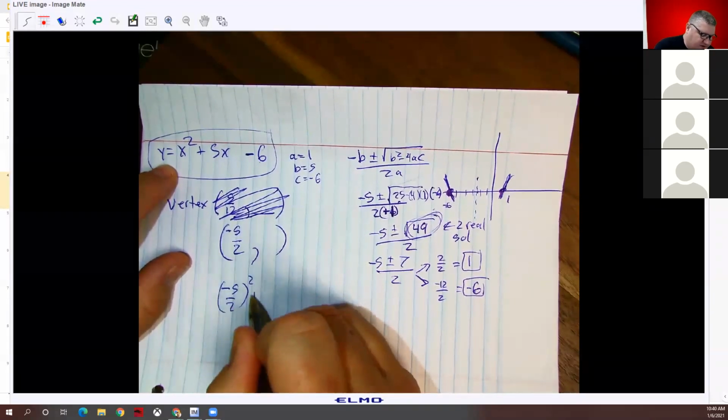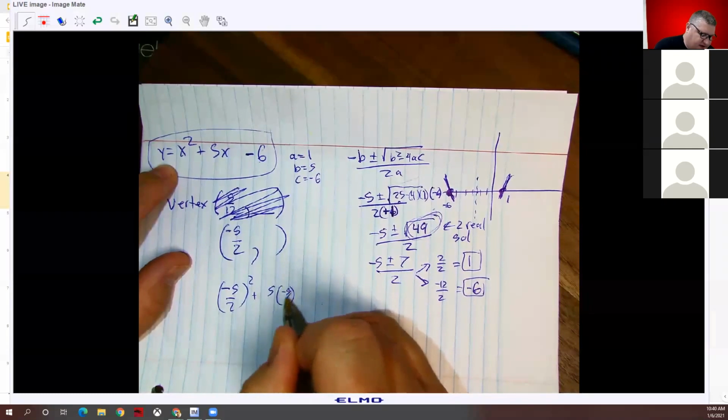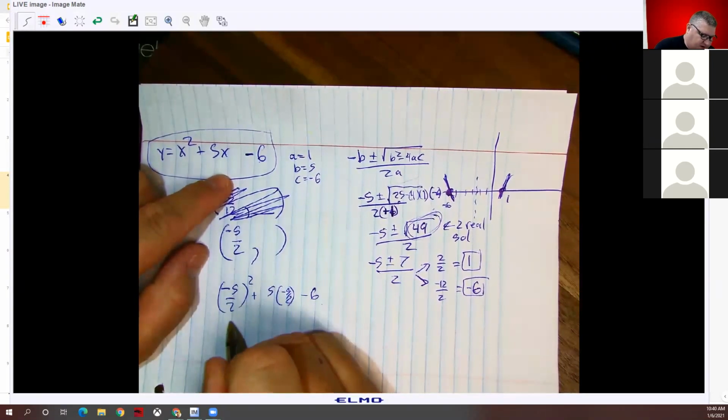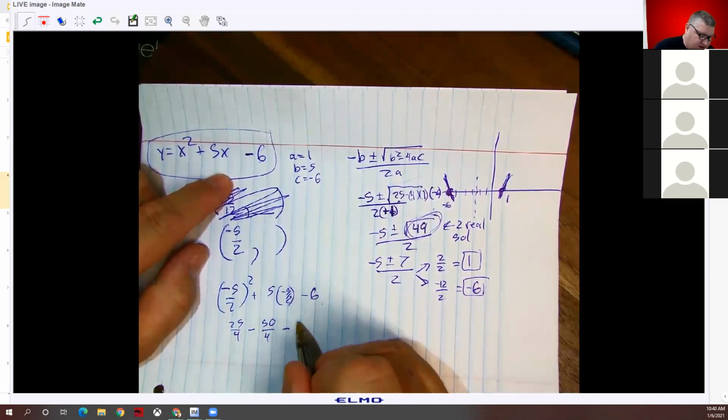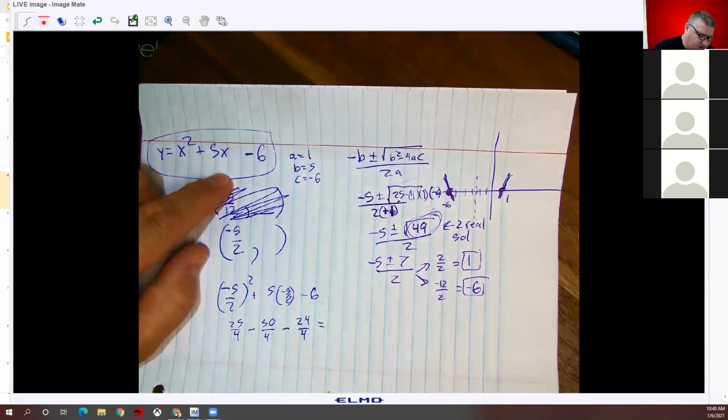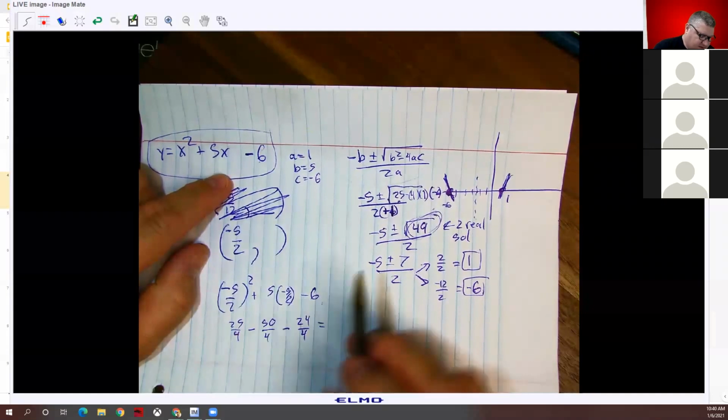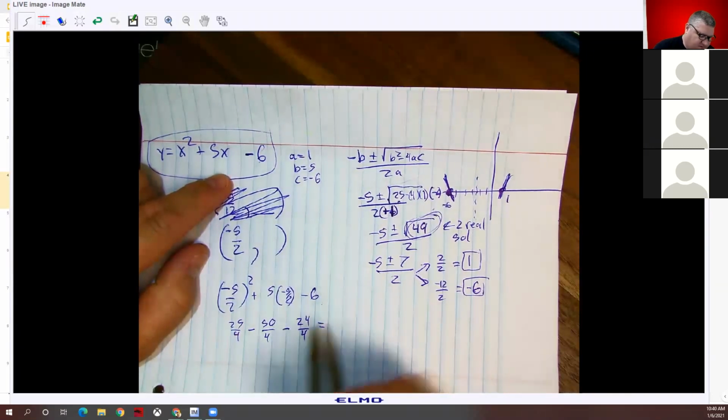Negative 5/2 squared plus 5 times negative 5/2 minus 6. So I got 25/4 minus 50/4 minus 24/4. The answer is negative 49/4. Does that make sense?